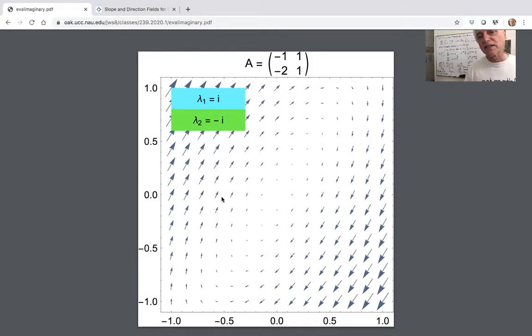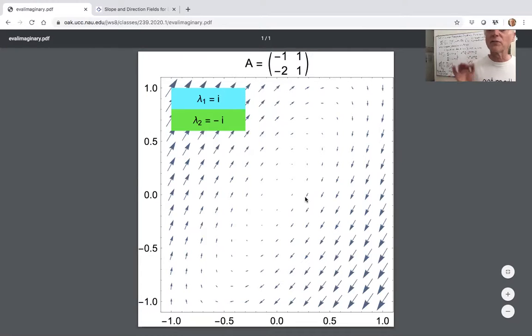Since the arrows have different lengths, it's a little bit hard to see, unlike the other picture, but even over here, the direction is not towards or away from the origin. There are no directions in the real plane, the x1, x2 plane, where Av equals a real multiple of v.